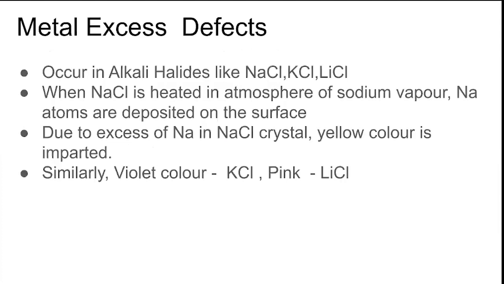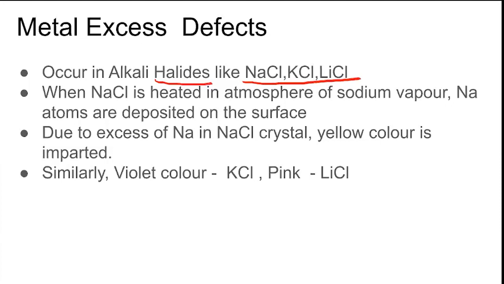Metal excess defects are basically found in alkali halides. Which group are alkali metals? Group 1, like lithium, sodium, potassium. And halides, which group? Group 17. Correct.